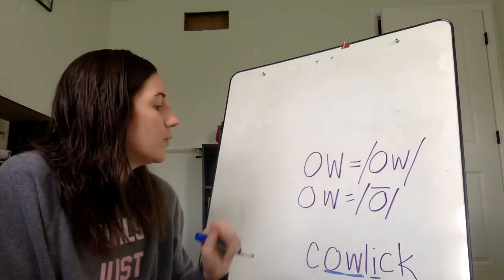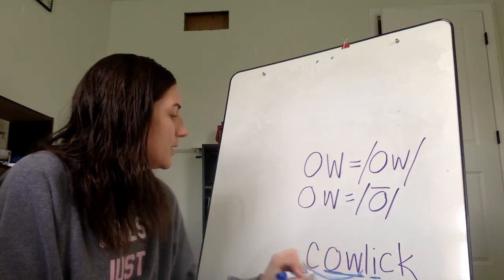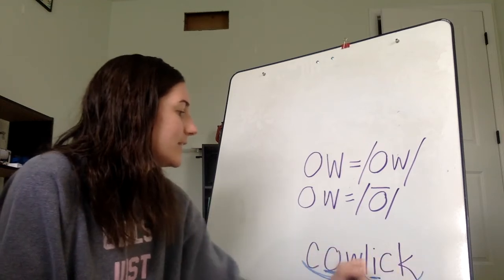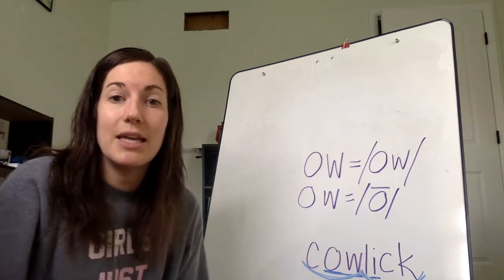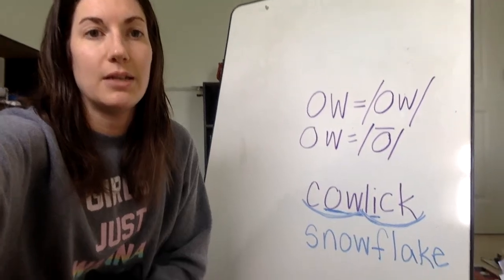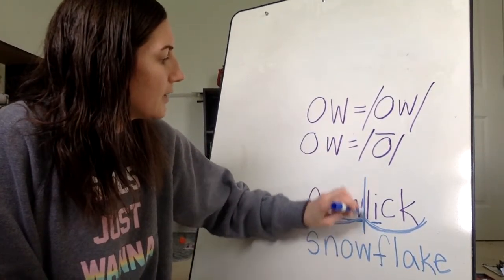I know when I look at this word that COW is a word all by itself and LICK is a word all by itself. So this is a compound word, which makes it pretty easy to split, because if it's a compound word, we're going to split our syllables right in between the two words.